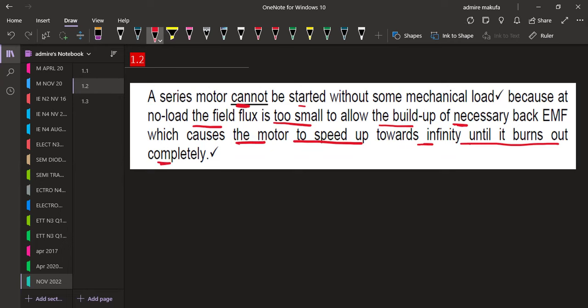So in order for this motor to start, we are going to need some mechanical load. That was the consideration of your question then.